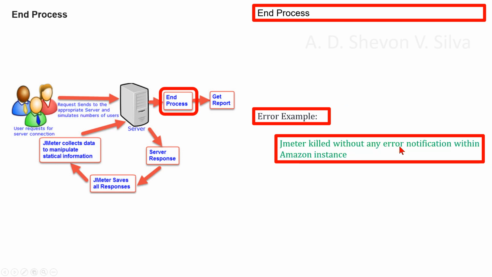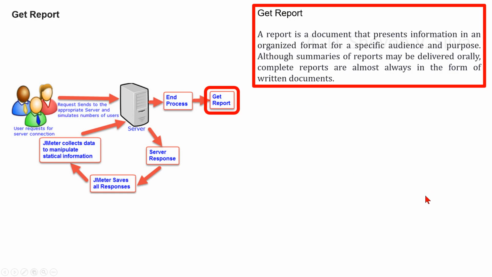As an error example, we can consider this error: JMeter killed without any error notification within an Amazon instance. Now we are focusing on get report.